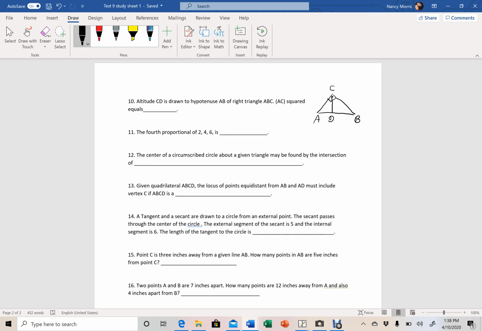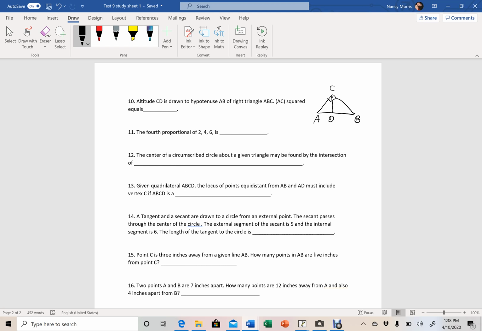Number 12. The center of a circumscribed circle about a given triangle may be found by the intersection of what? The center of a circumscribed circle about a given triangle may be found by the intersection of what?